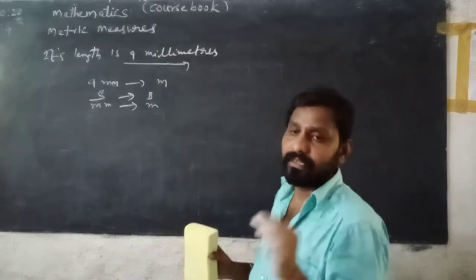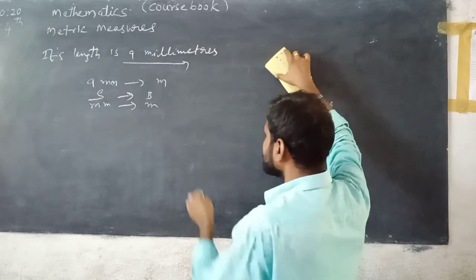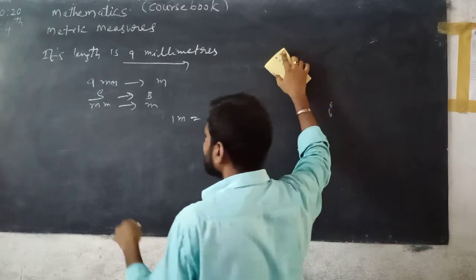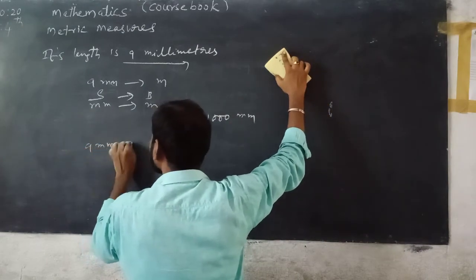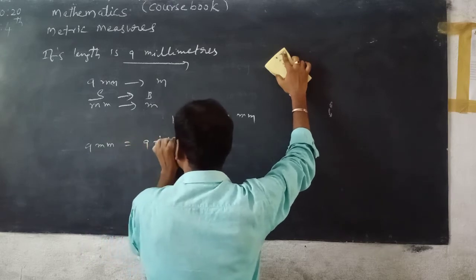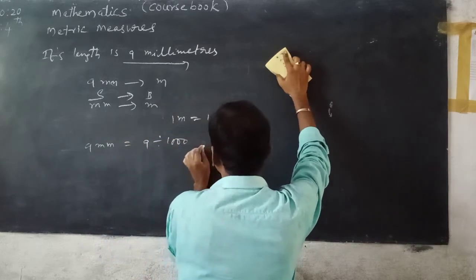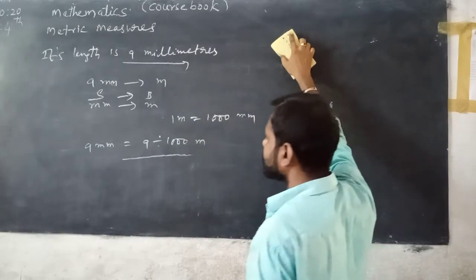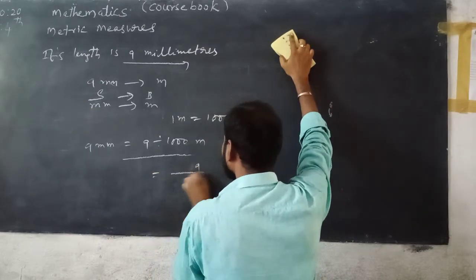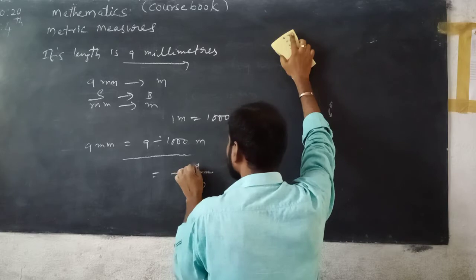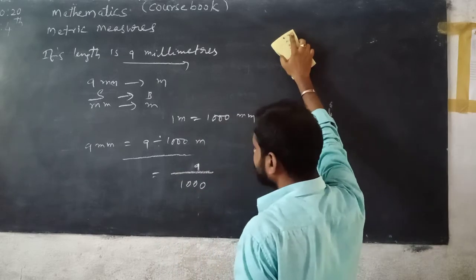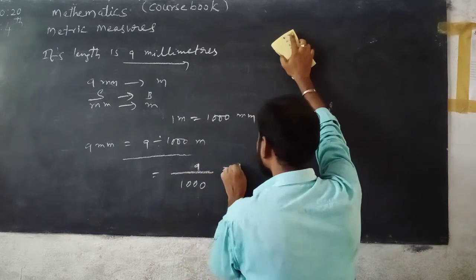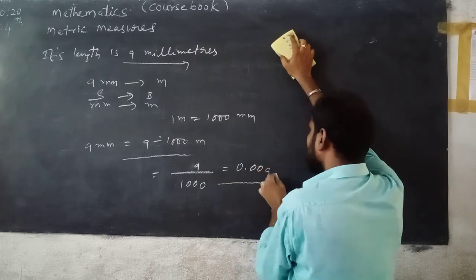So I have to take a division, divided by 1000, because 1 meter is equals to 1000 millimeter. 9 millimeter is equals to 9 divided by 1000 meters. Did you understand? Whenever any number is divided by 1000, the point moves to the left side 3 places: 1, 2, 3. So you can write 0.009 meter.